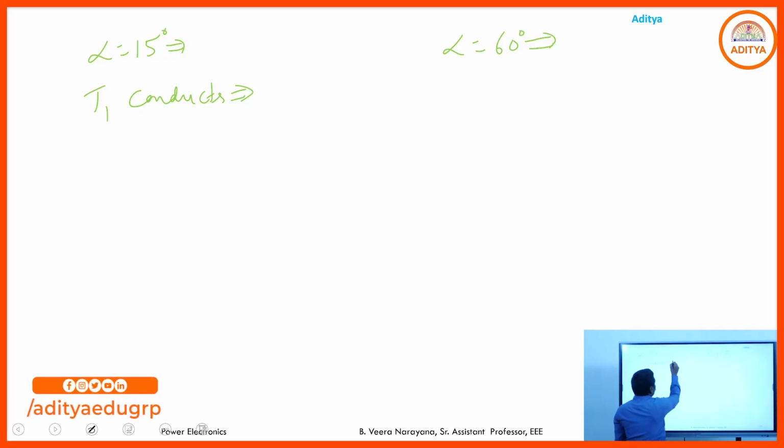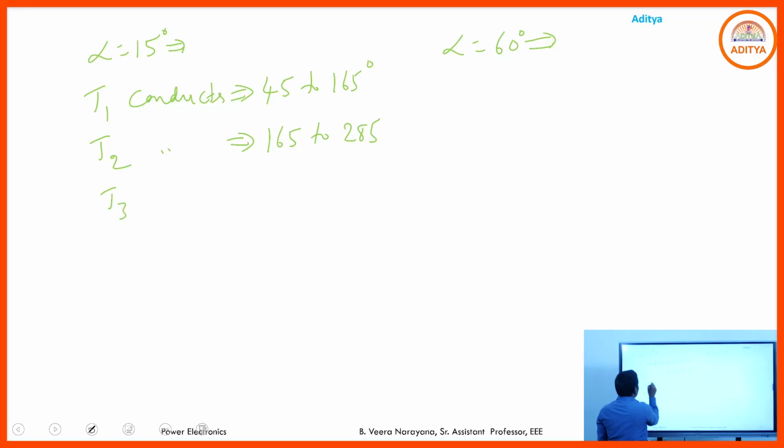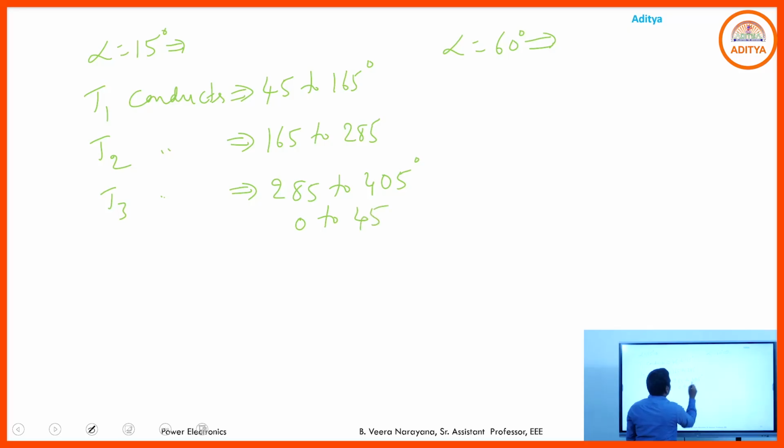So T1 conducts from 45 to 165 degrees, T2 conducts from 165 to 285, T3 conducts from 285 to 405, and similarly 0 to 45.